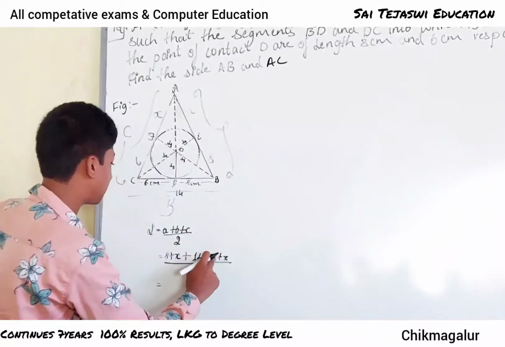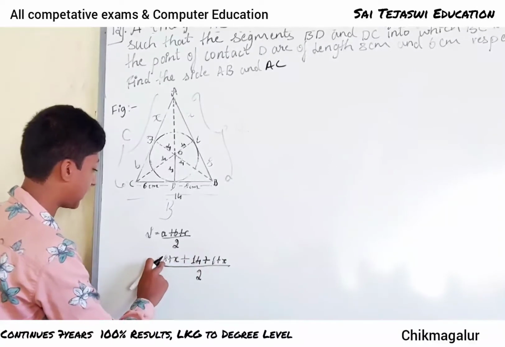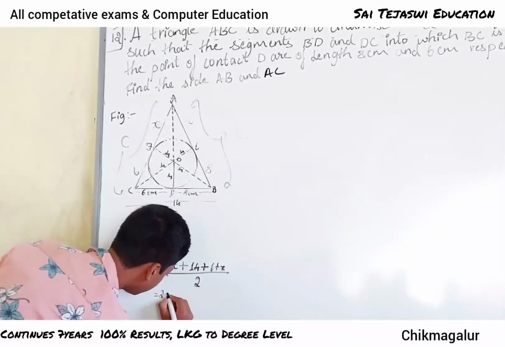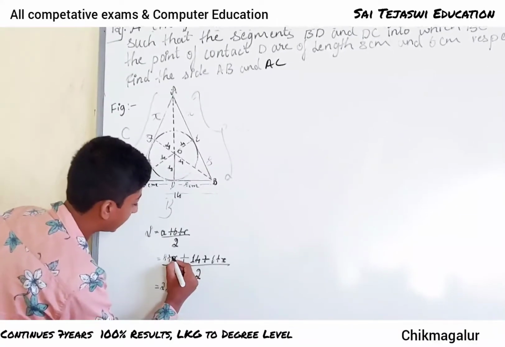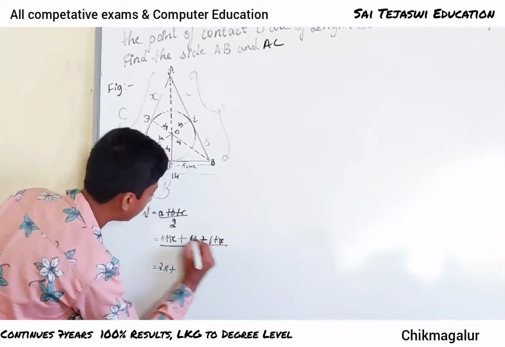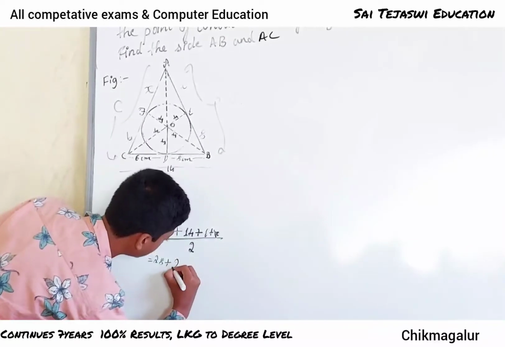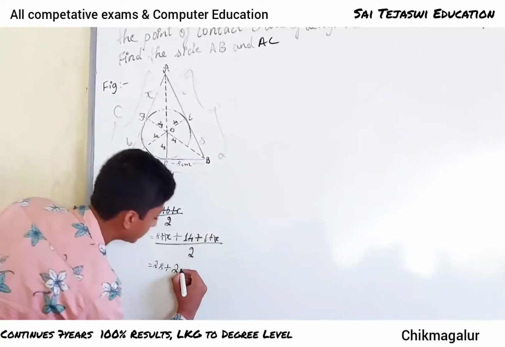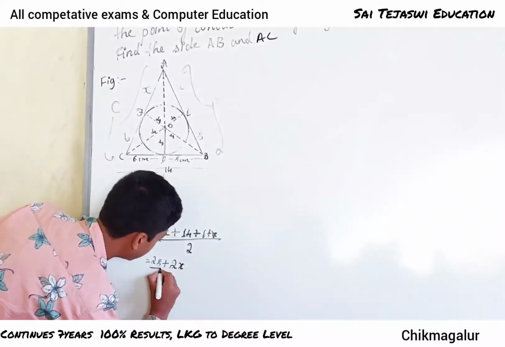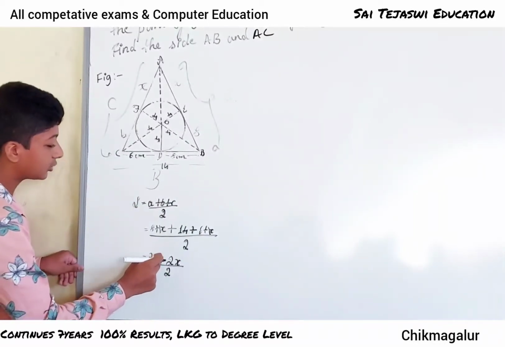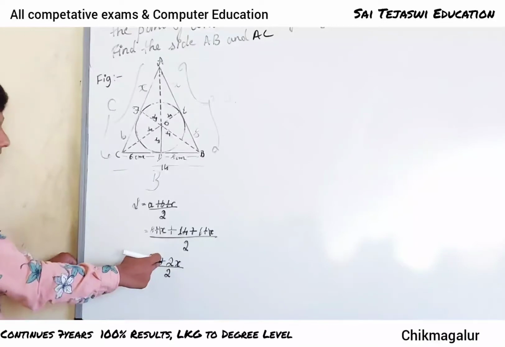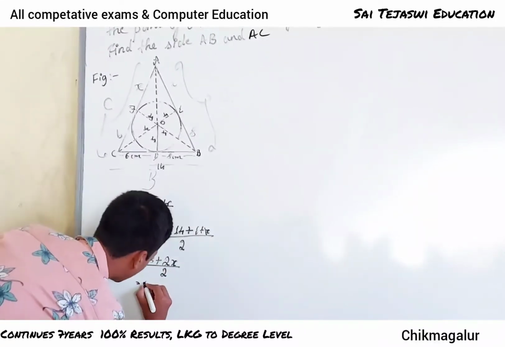Now 14 plus 6 is 20, and 20 plus 8 is 28. Near the x, if nothing is written, it is 1 and 1, and 1 plus 1 is 2. We write 2x as it is, because it's not multiplication, all divided by 2. Now in this term, x is not there, so we take the common factor 2 outside.